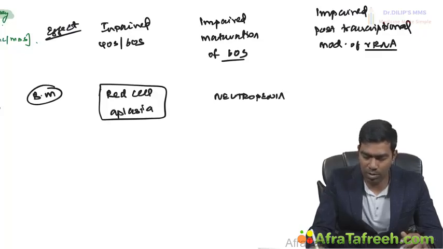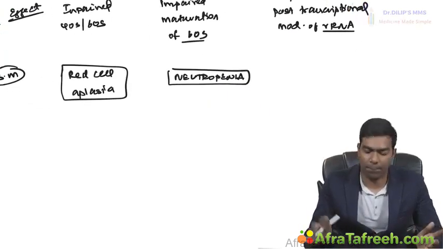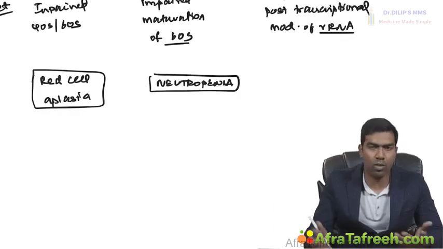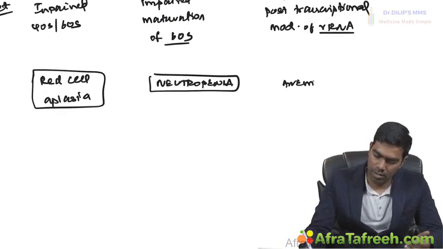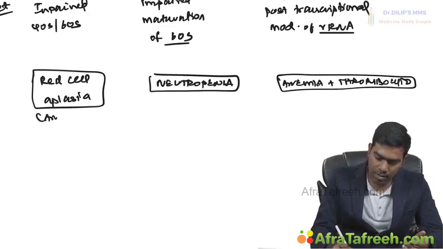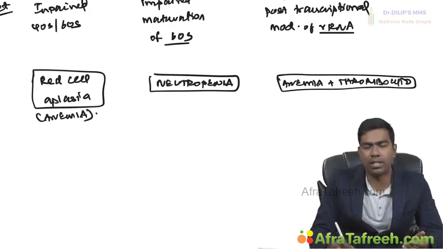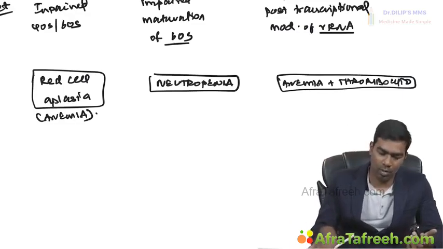In dyskeratosis congenita, the most important is the anemia and thrombocytopenia. So that's what you are going to get in dyskeratosis congenita. But here only anemia. In SDS it is neutropenia, and in dyskeratosis congenita it is anemia and thrombocytopenia.